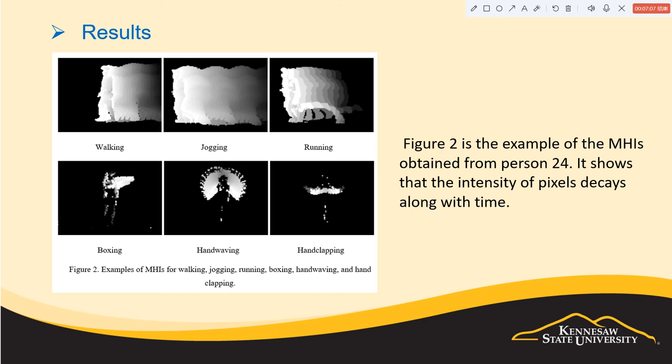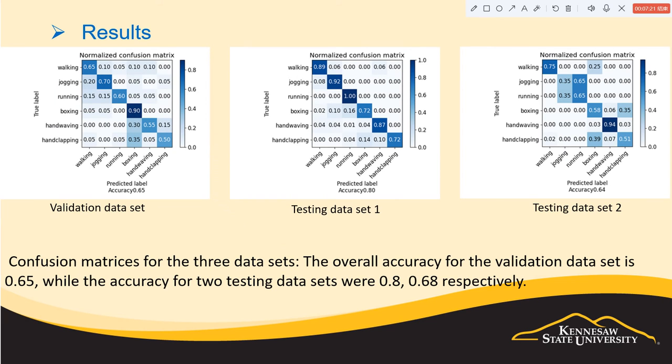And here is about the results. Figure 2 shows some examples of the MHI for the 6 actions. And for the confusion matrices for these 3 datasets, the overall accuracy for the validation dataset is 0.65, while the accuracy for testing dataset 1 is 0.8, and for testing dataset 2 is 0.68.